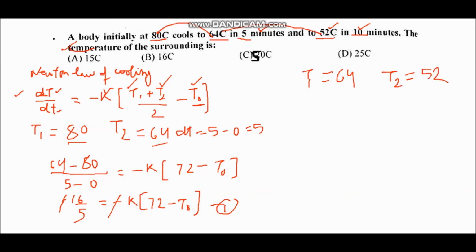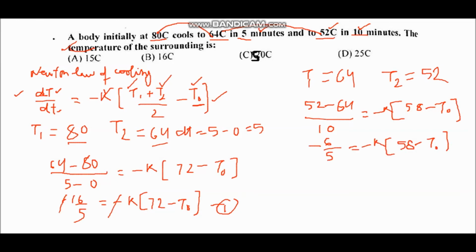So from Newton's law of cooling, we get 52 minus 64, and this takes place in 10 minutes, so divided by 10, is equal to minus K times (T1 plus T2 over 2), which is (52 plus 64) over 2, equal to 58 minus T0. When we solve this, minus cancels on both sides, and this is equation 2.